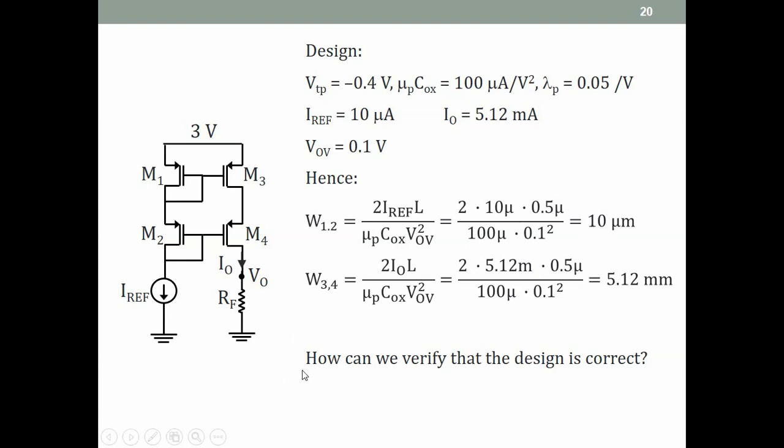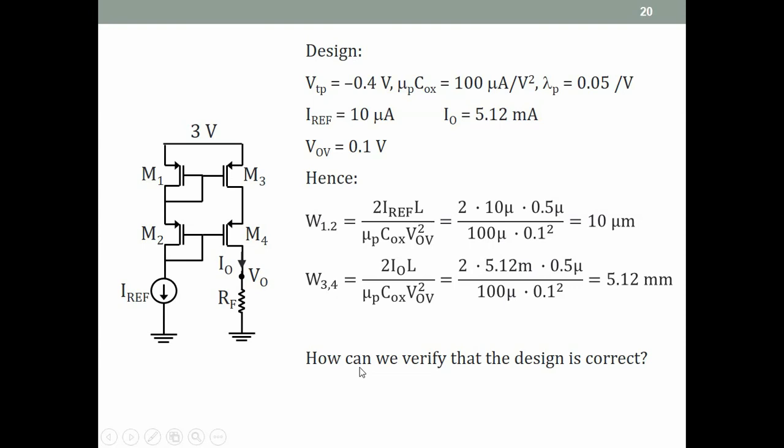Now I'm leaving you with a question and I'm not answering. I want you to think about it. So as I have said every time, once we design a circuit, we must analyze it and make sure that the design is correct. So the question is, how will we verify that our design is correct? In this case, previous designs were amplifiers and we verified by finding the amplifier gain and the amplifier output resistance.